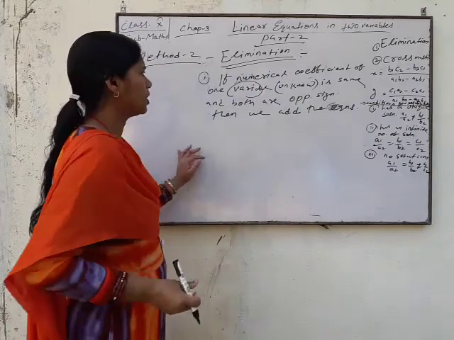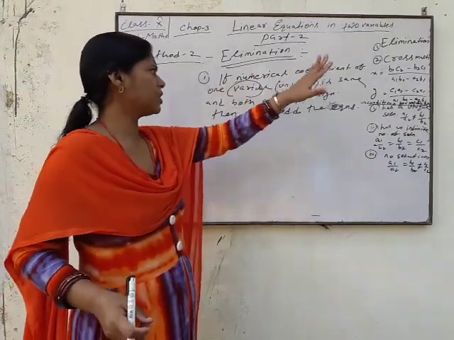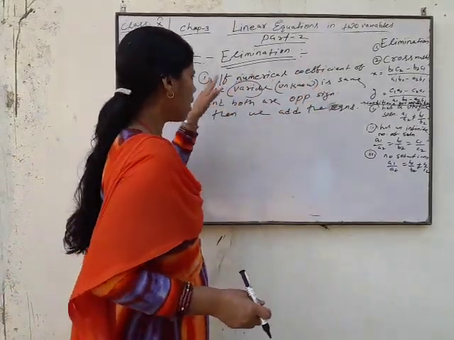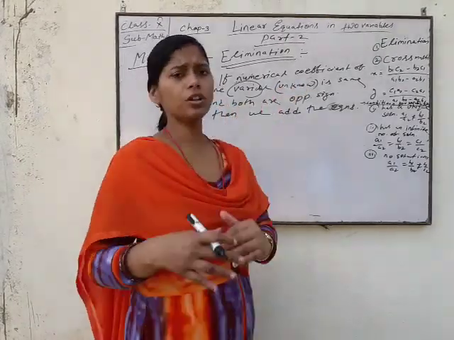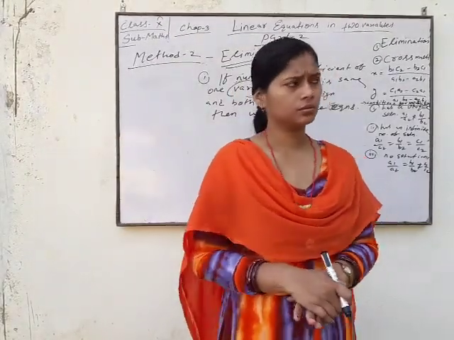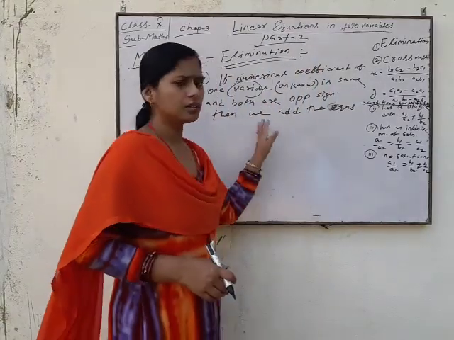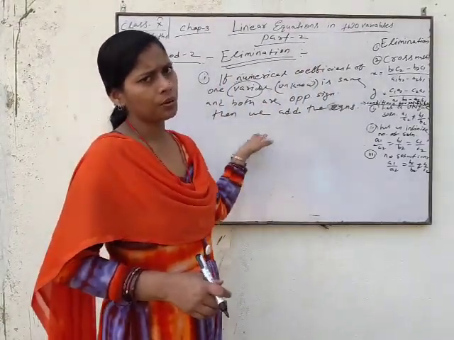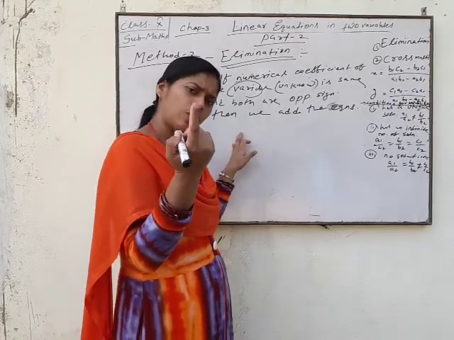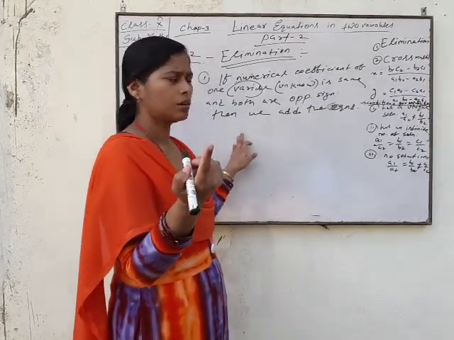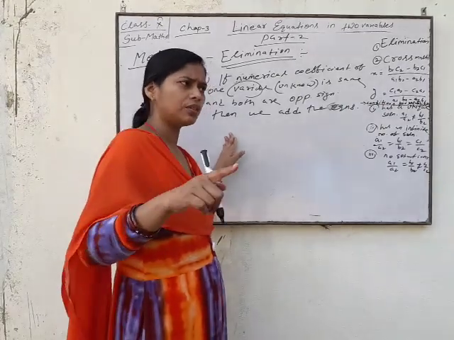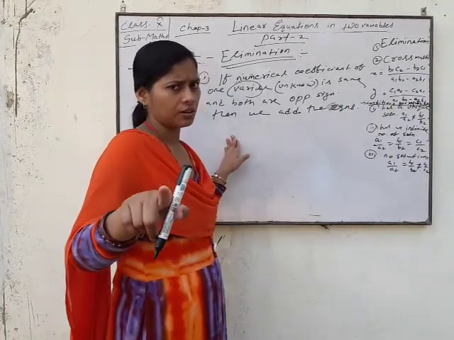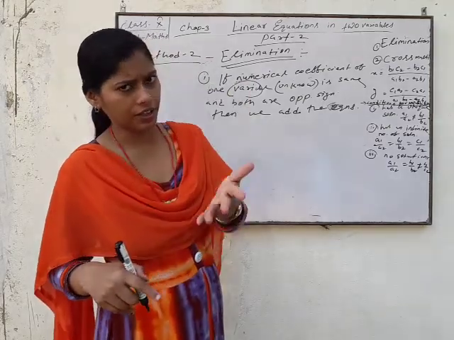Clear? Then we find the value of one unknown variable, and after putting the value of that variable in any one equation, we will get the other variable.